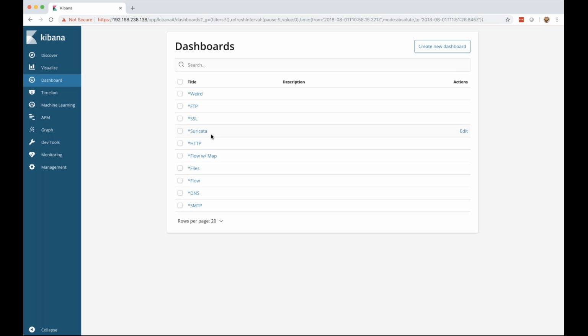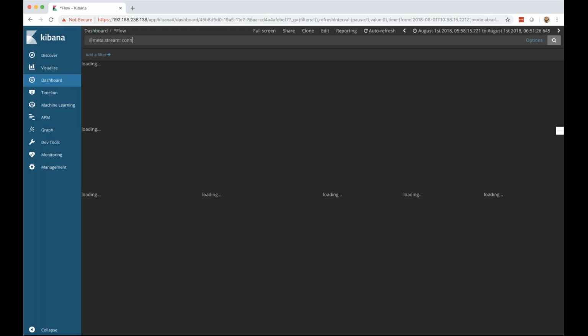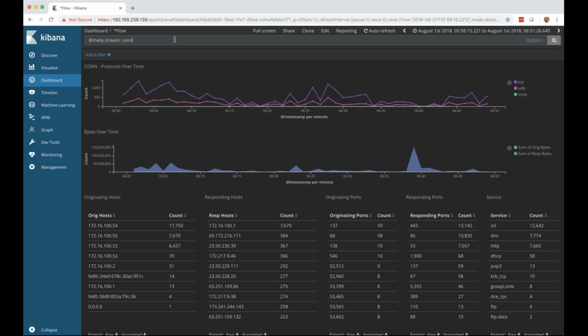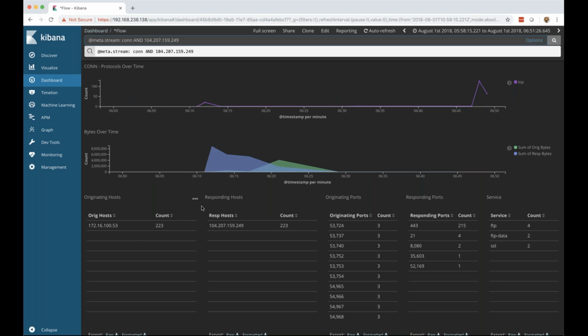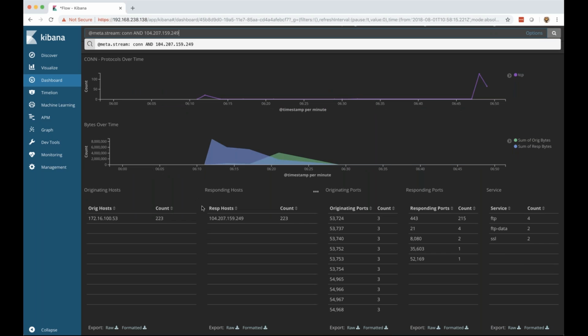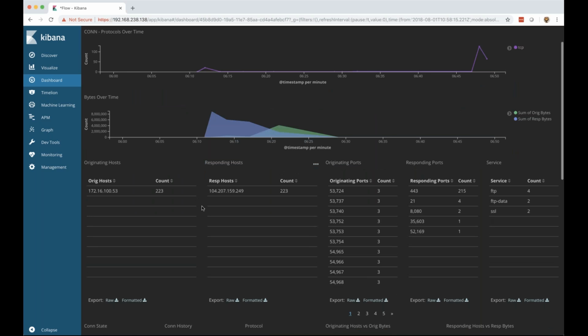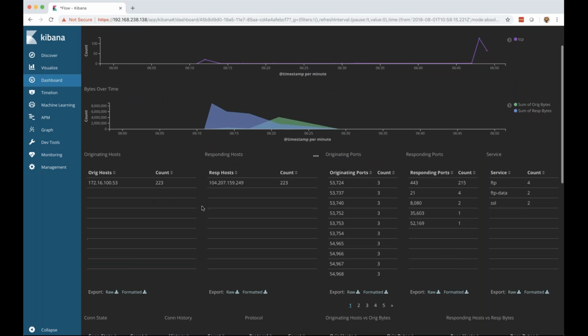And the way that I can look at this guy in more depth, if we go back to our original flow log, which is just showing me general connections, I can use the power of Kibana to search for him by putting an AND query in there and the IP address, which now just shows me all of the traffic related to this guy. And there's some things that worry me right away.